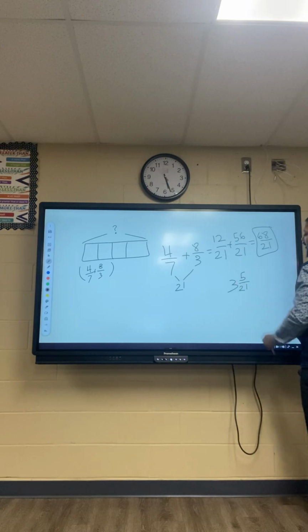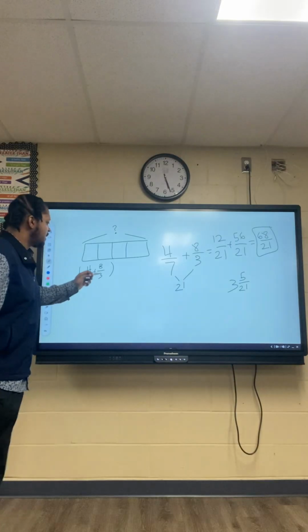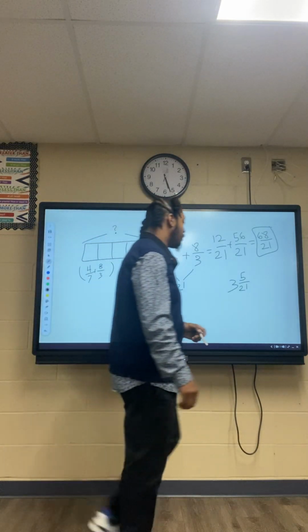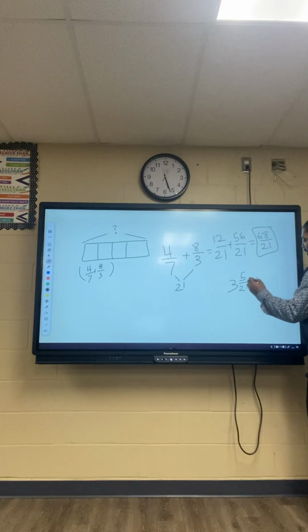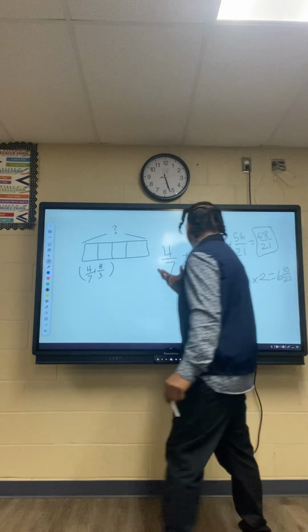And 21 down here at the bottom, okay? And so we've just found our answer for 4/7 plus 8/3, and now we need to multiply that by 2 in order to solve, okay? So we're gonna multiply by 2, and we come up with 6 and 10 21sts, okay?